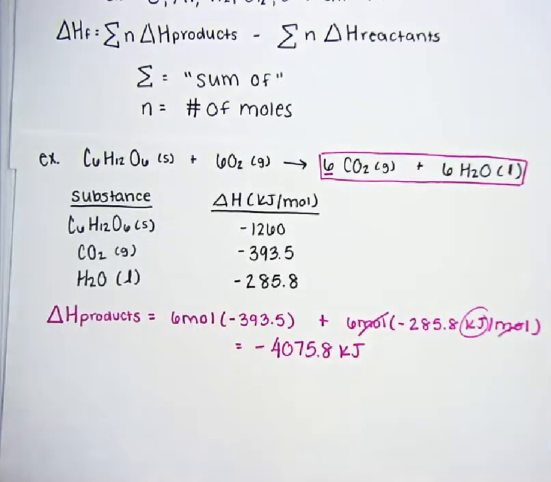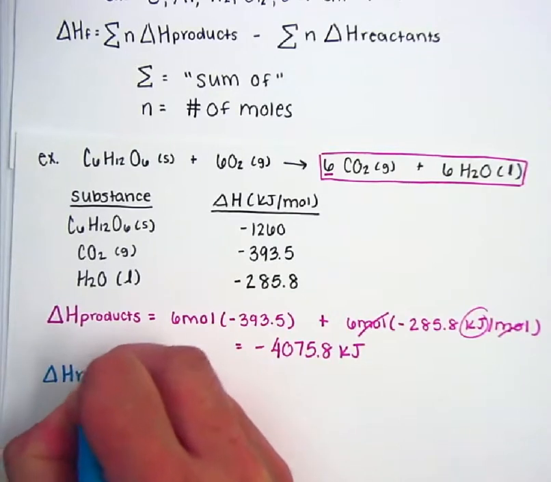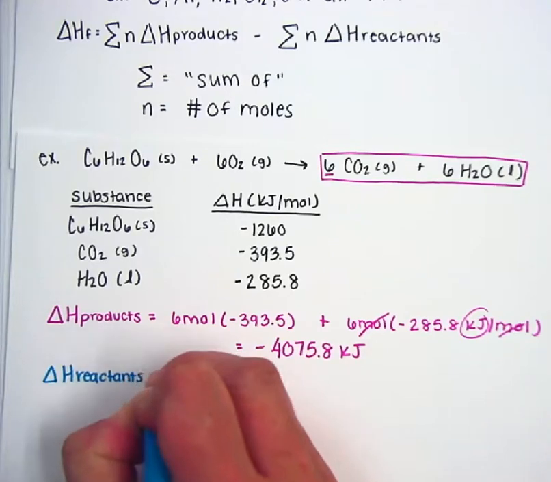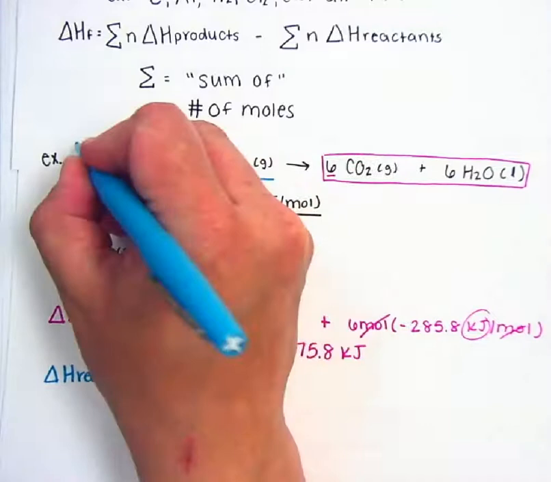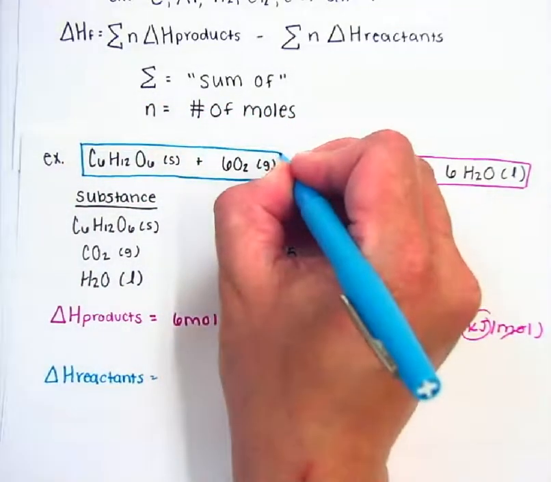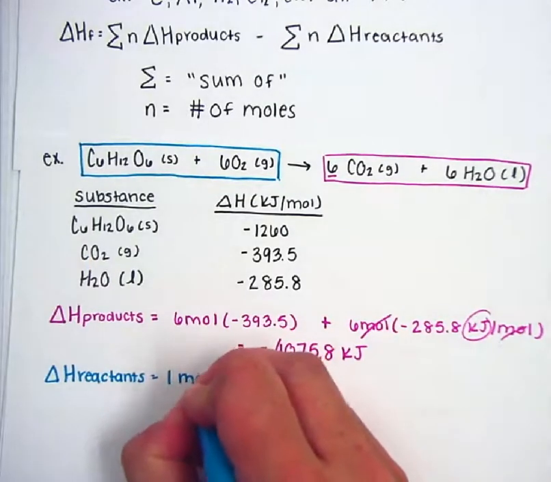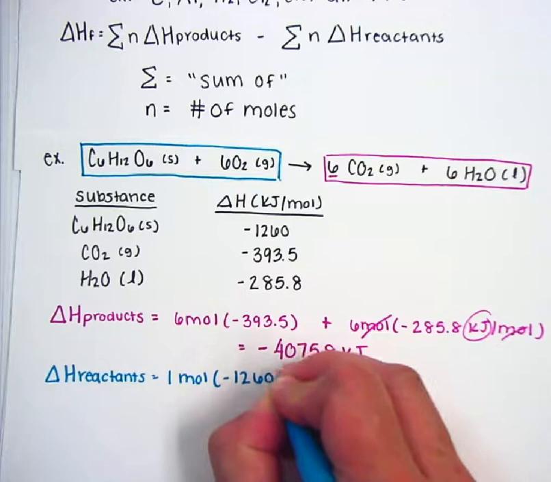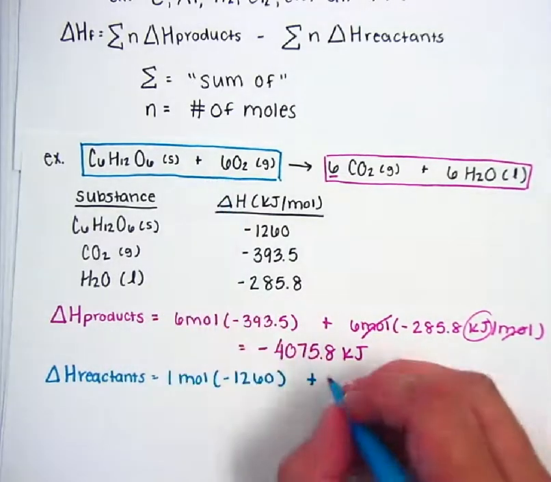Now let's do the same thing for the reactants. So we're going to calculate delta H reactants. Reactants are on the left side of the arrow. So 1 mole, no coefficient, times negative 1260 plus, I have 6 moles of oxygen.